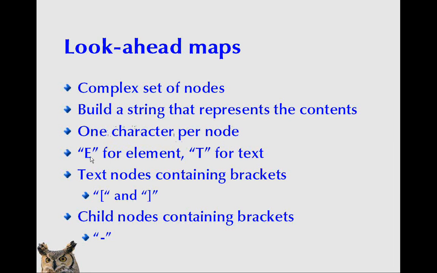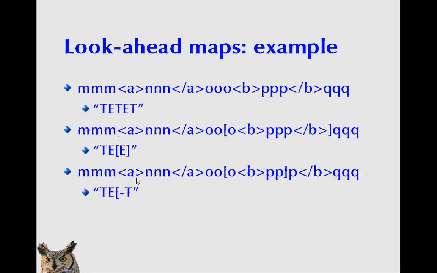If this node set contained an element, I would put an E. If there was a text node, I could put a T. And I can look at a given set of children of the current element and say, oh, this is a map of the contents of that node.